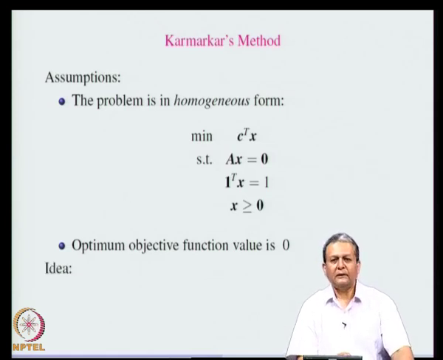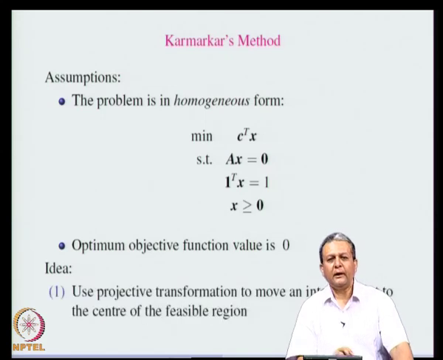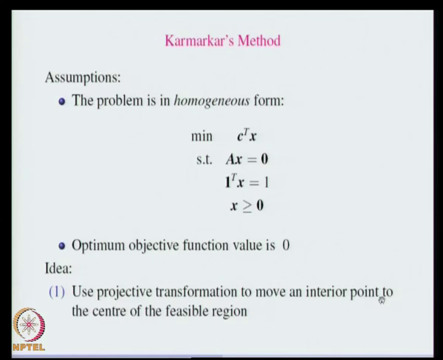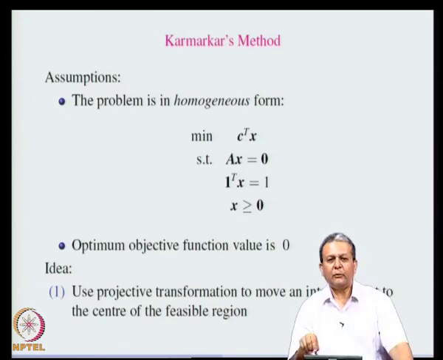Now, as is the case in the affine scaling method, the idea here is to use some transformation to move an interior point of the feasible set to the center of the feasible region. Okay. So, as was done in affine scaling, here also one needs to use the projective transformation to move a point.